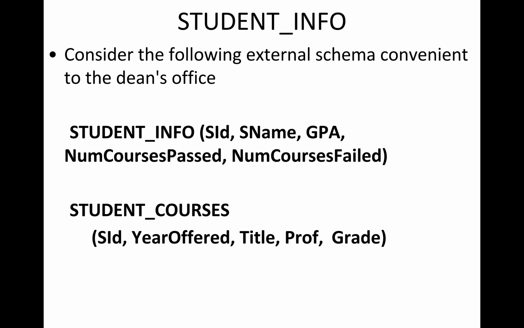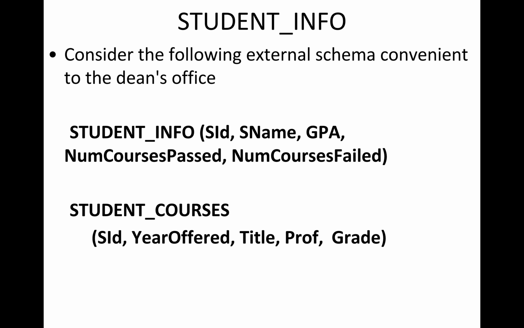So let's look at examples using the university database that we've been using so far, where we might want to join several fields from multiple tables for the student info. Here, student info has the student ID, student name, the GPA, the number of courses passed. That looks like an aggregation, right? Some computation.